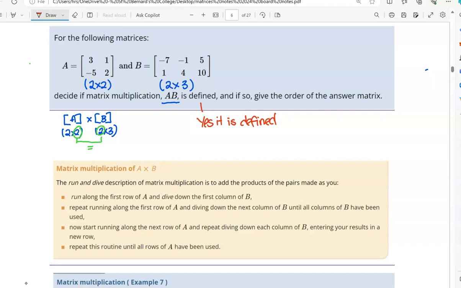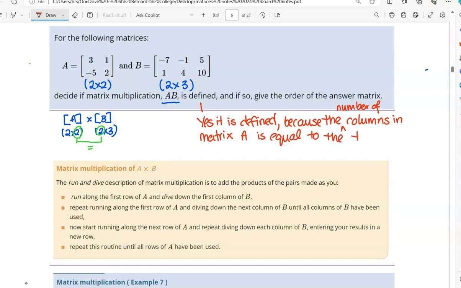So you say, yes, it's defined, because the number of columns in matrix A is equal to the number of rows in matrix B. Okay, so you must write that if they say explain why it is defined.